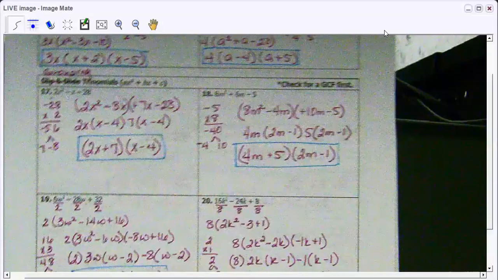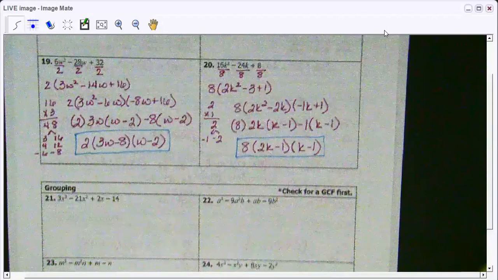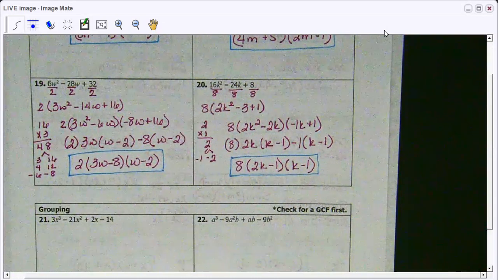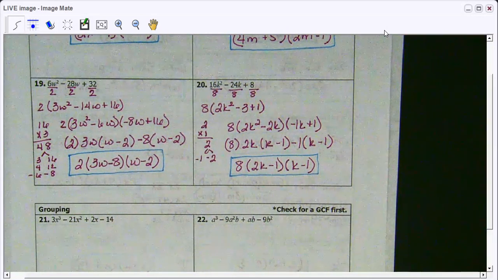Okay, here are the solutions for 19 and 20. Check your work for 19 and 20. Are there any questions?